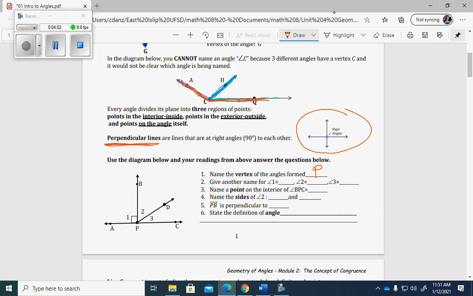Another name for angle 1, so you could see angle 1 is in the interior, on the inside of this angle that I just traced in orange. So angle 1 could also be called angle, and you got to use your angle symbol, APB. Of course, you could have called an angle BPA. I'm only going to write down one thing now.